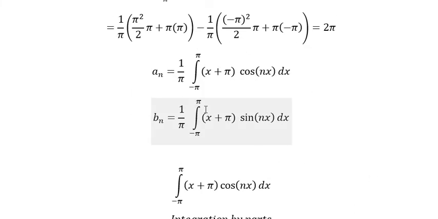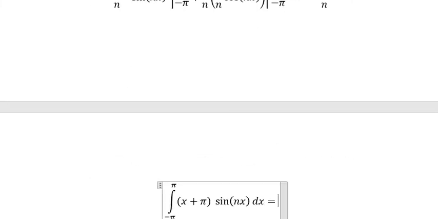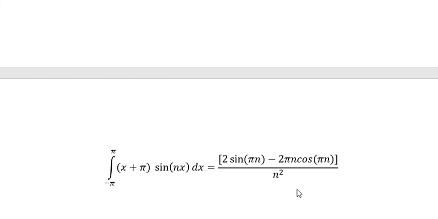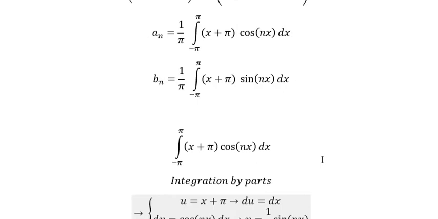Now you can do similar for the second one, and this one we will have, that should be like this. Now if we have everything in here, we go back to this one.